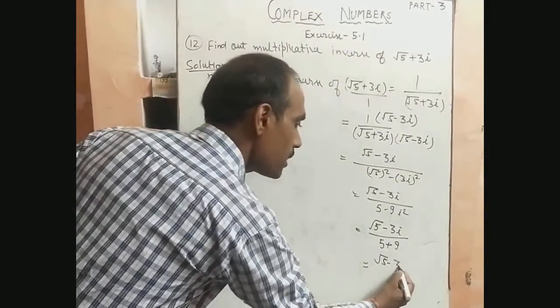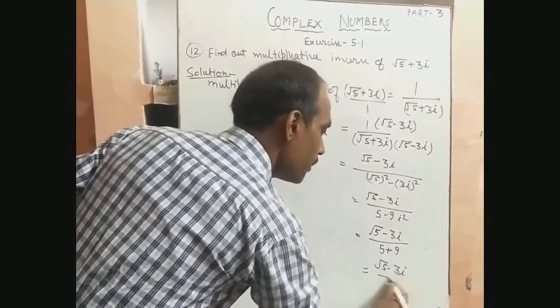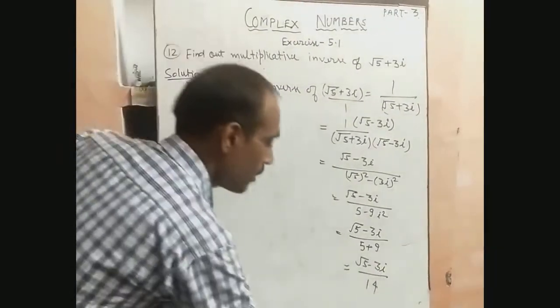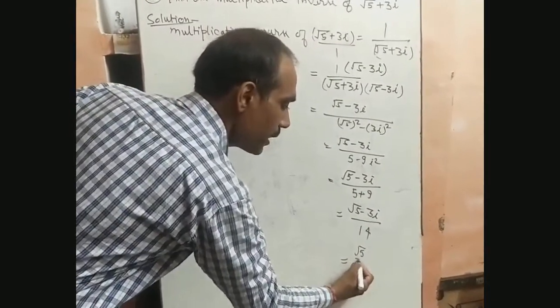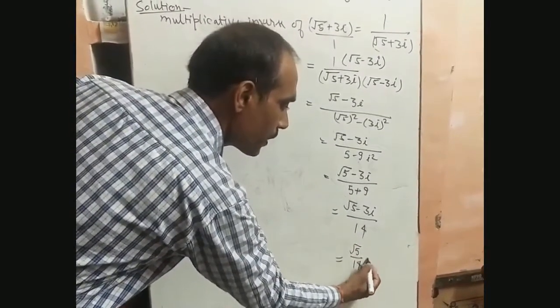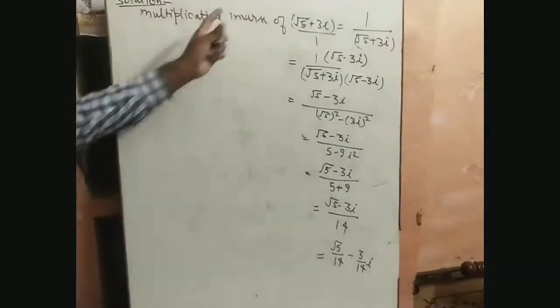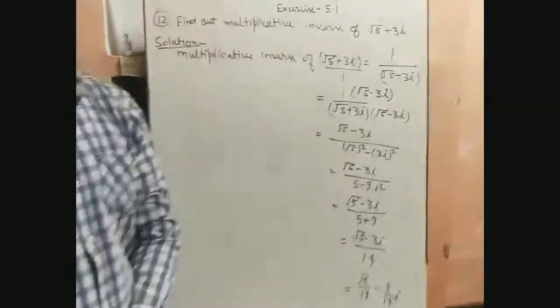Root 5 minus 3i upon 14. Again, when you separate it into real and imaginary parts, root 5 upon 14 minus 3 upon 14 into i. This is the multiplicative inverse.